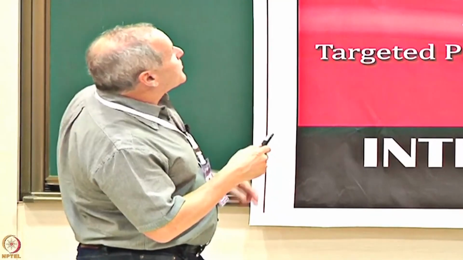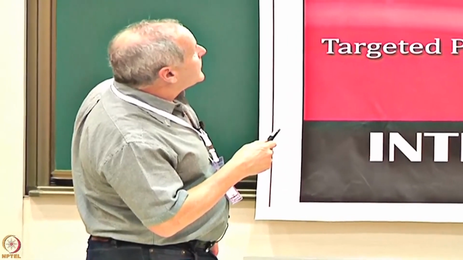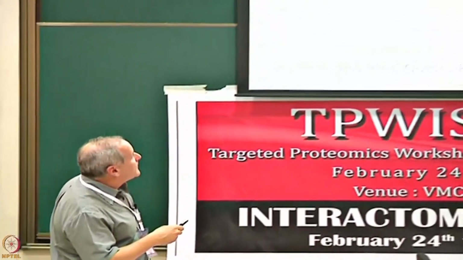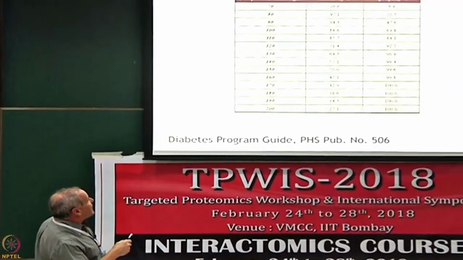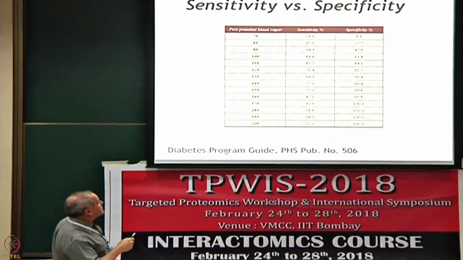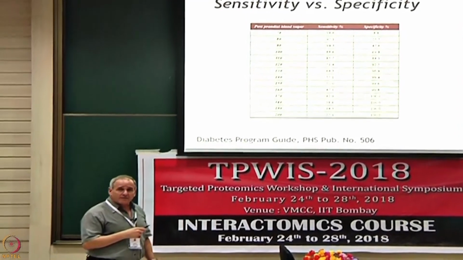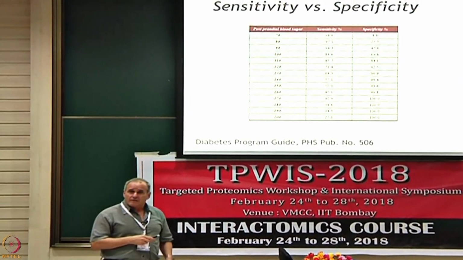So these are the blood sugars after eating a meal, ranging from 70 milligrams per deciliter up to 200 milligrams per deciliter. And here, if you use this value as the cutoff, in other words, if you say that if you're above 100, you have diabetes, then this will be your sensitivity and that will be your specificity, okay?